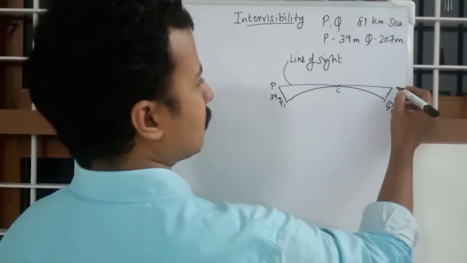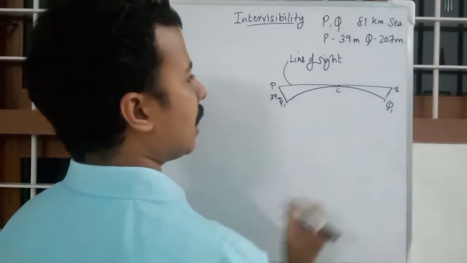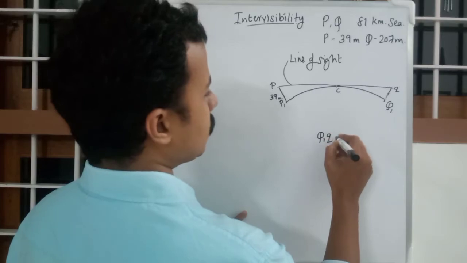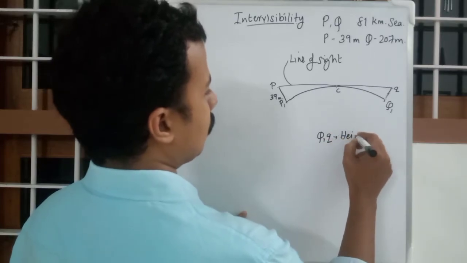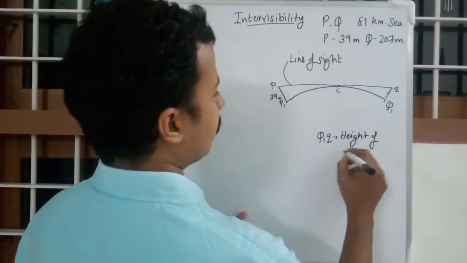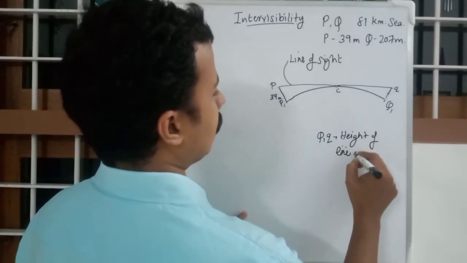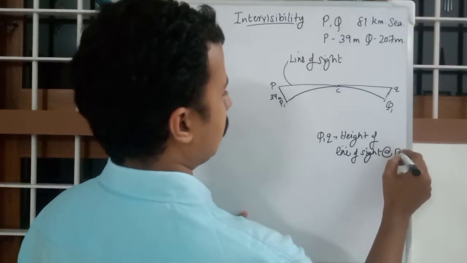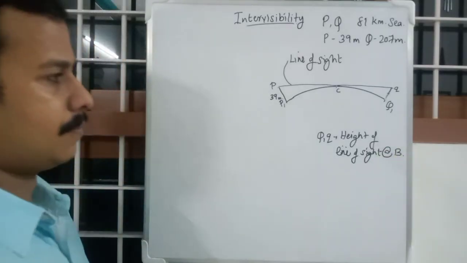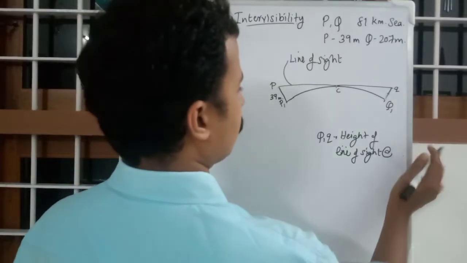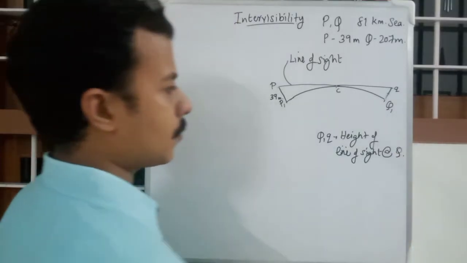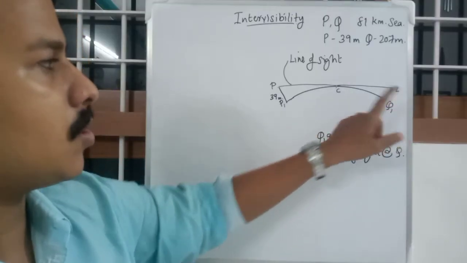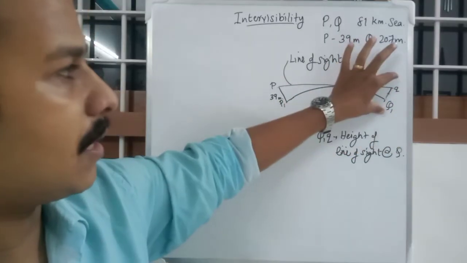So if we name it as small q, Q1 Q is the height of the line of sight at Q.